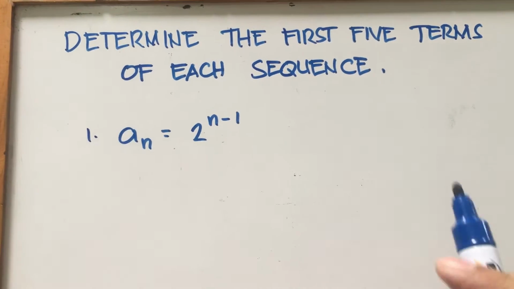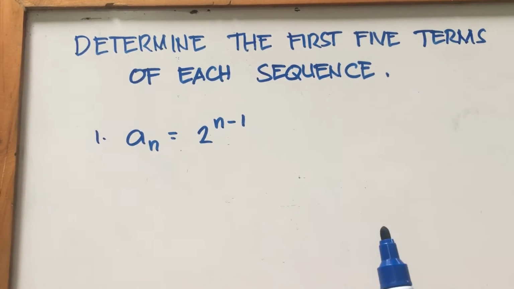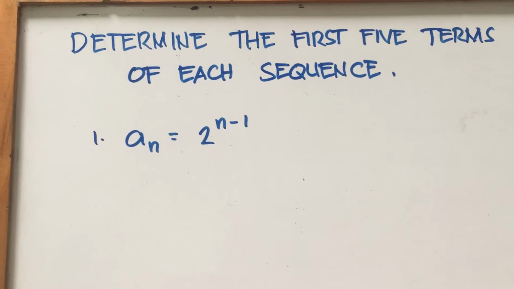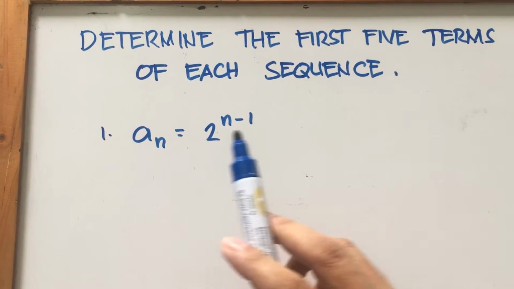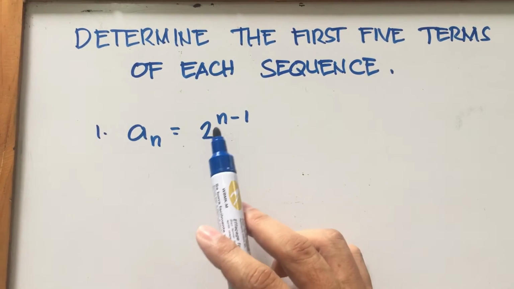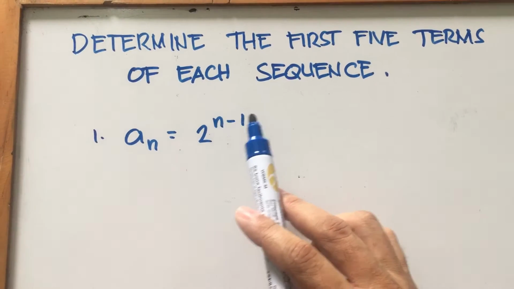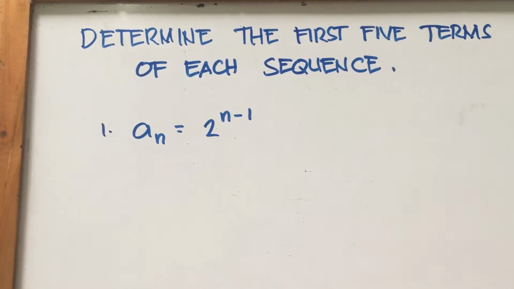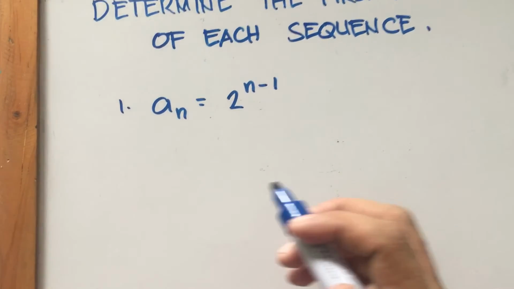So let's solve this kind of problem wherein you're asked to determine the first 5 terms of each sequence. I have here a sequence a sub n is equal to 2 raised to the power of n minus 1. We are asked to find the first 5 terms. What are these first 5 terms?